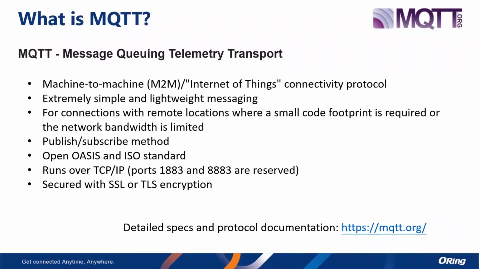Another advantage of MQTT is that it runs over the TCP/IP stack, so there is a standard definition which uses existing technology. Some ports are reserved: port 1883 for standard connectivity and 8883 for secure TLS or SSL connection. And for security, it's secured with an encrypted connection using standards like SSL or TLS.